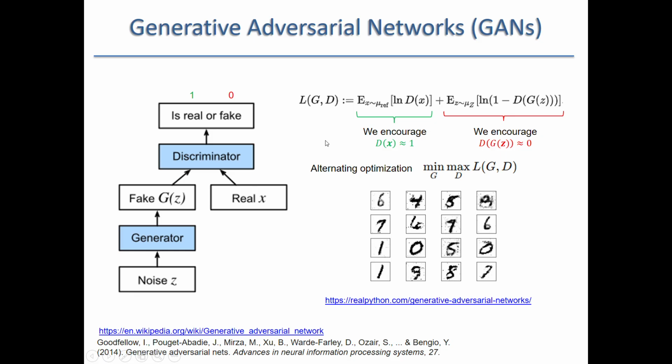So from the discriminator point of view, this is the function that it would like to maximize.